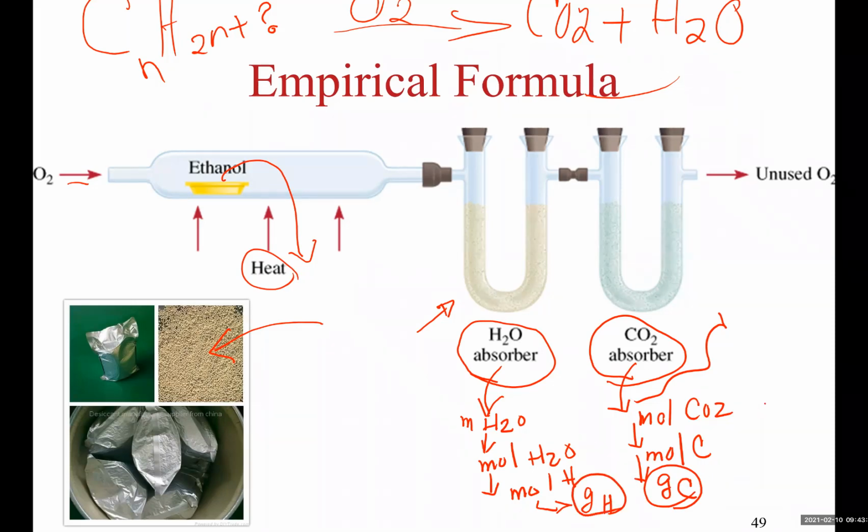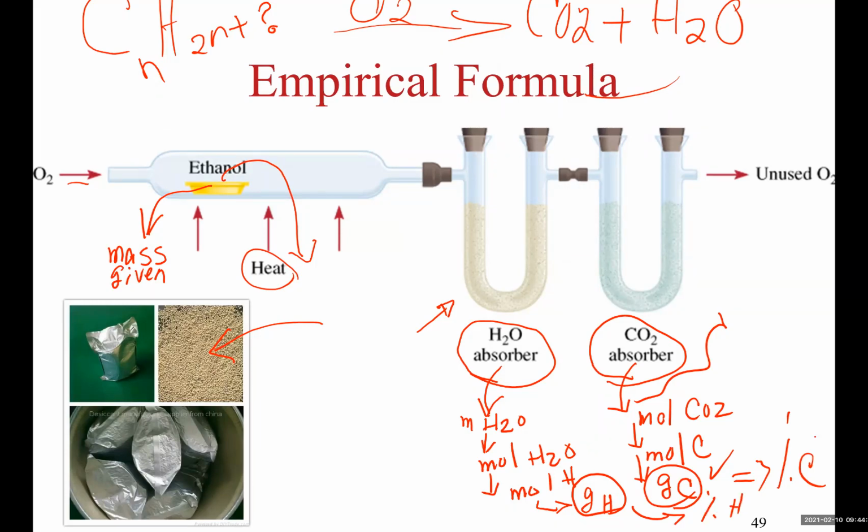So at the end, I end up having grams of carbon, and I know the mass of the sample. I can easily measure the percentage, which means the mass of carbon in 100 grams of this sample. So at the end, I end up with the percentage of carbon, and this gives me the percentage of hydrogen with a simple calculation.